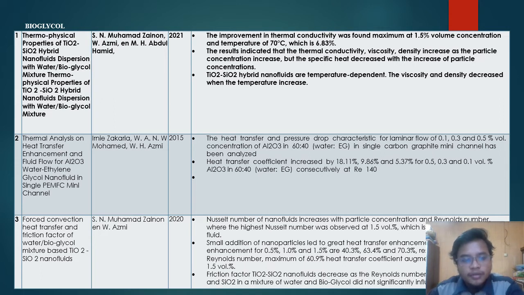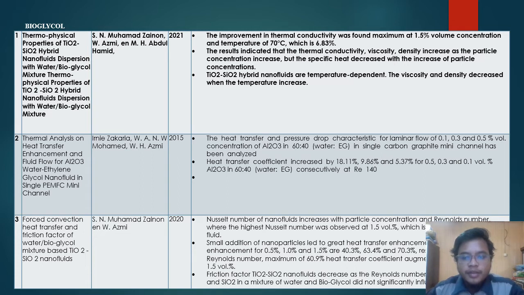The third one is forced convection heat transfer and friction factor of the water bioglycol mixture based TiO2 SiO2 nanofluid. The Nusselt number of the nanofluid increased with particle concentration and Reynolds number, where the highest Nusselt number was observed at a volume percentage which is 70.11% higher than the base fluid.